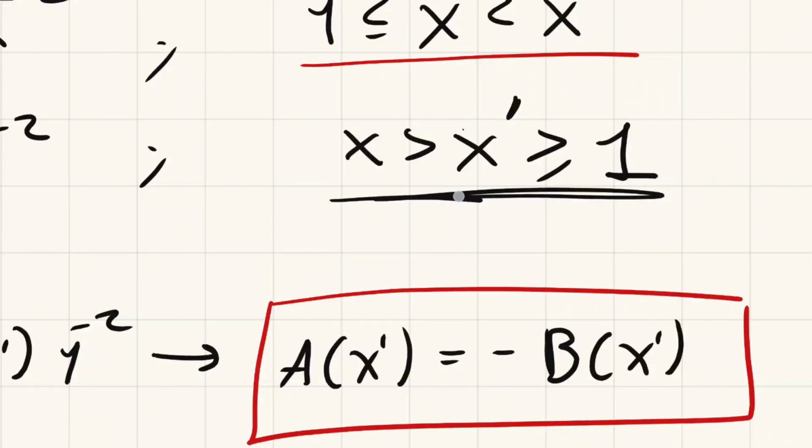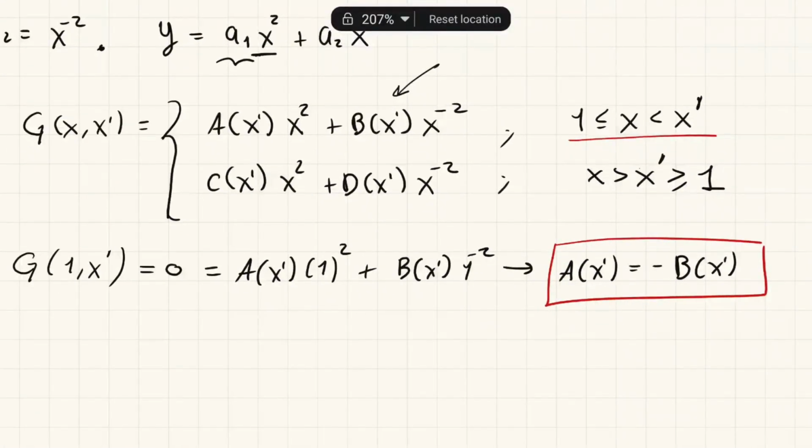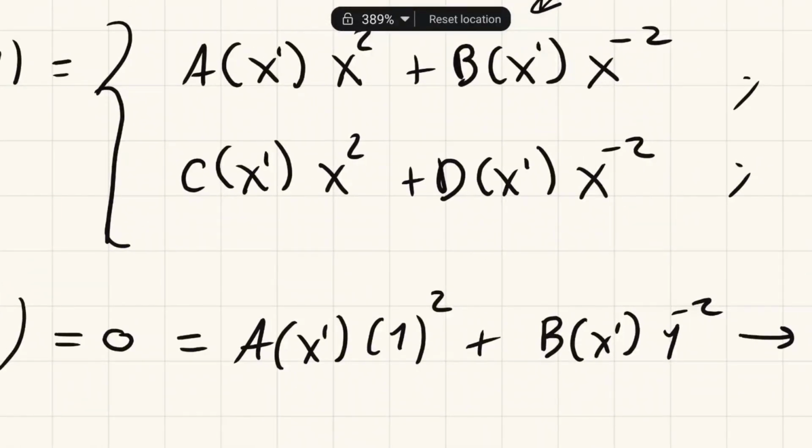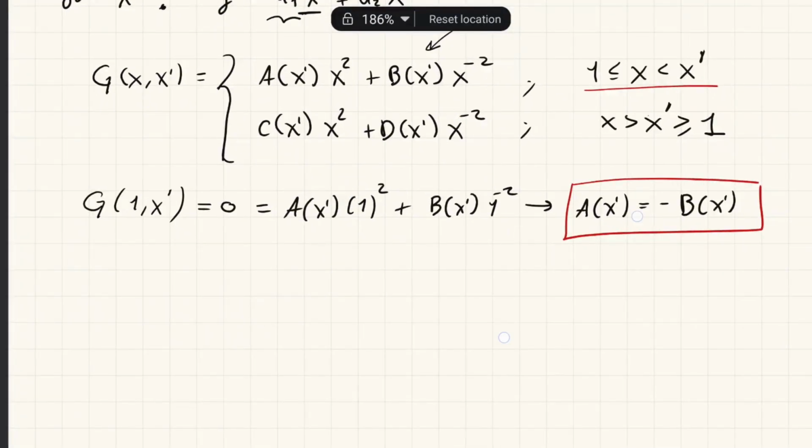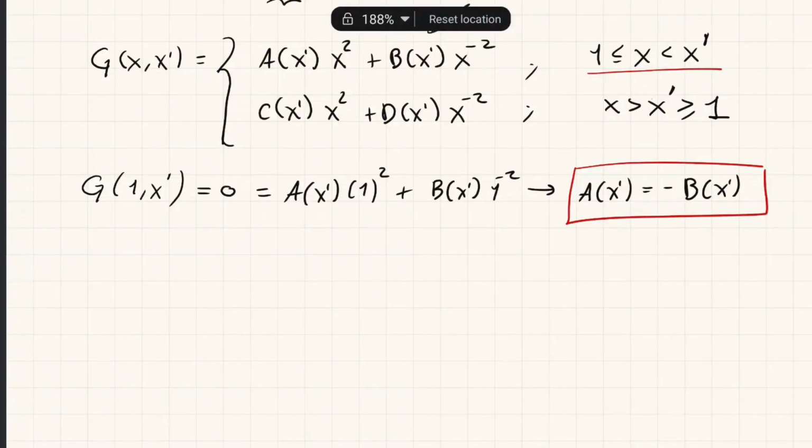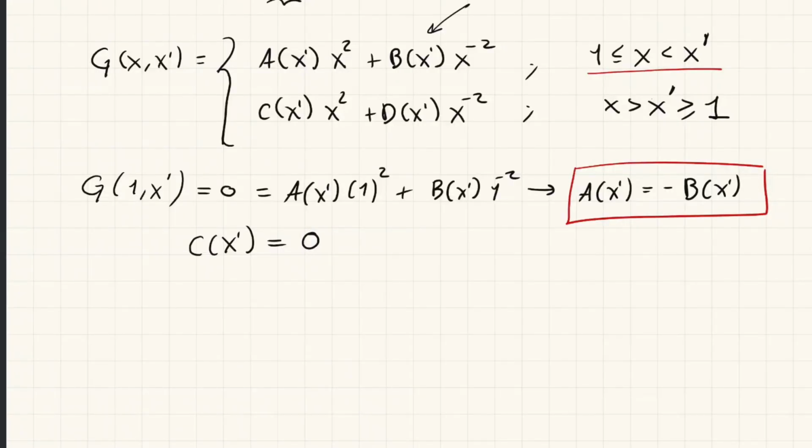But we would like the Green function to converge, I mean we do not want it to go to infinity, right? So we would like the coefficient of x squared to be equal to 0, because if not, then the Green function does not converge. So the condition of convergence tells us immediately that c(x') is necessarily equal to 0.